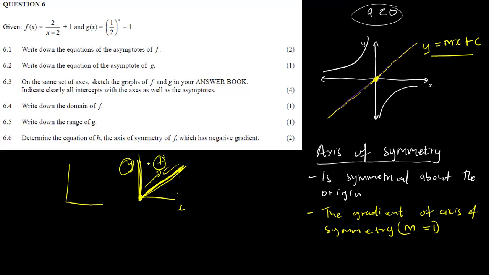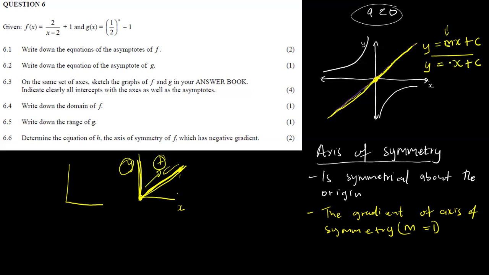Having a look at this graph, we can see that it is a straight line, but the gradient or the slope or the steepness of this graph is positive. So if I were to rewrite this equation, substituting the value of m, I would say this equation is y = positive 1x + c.